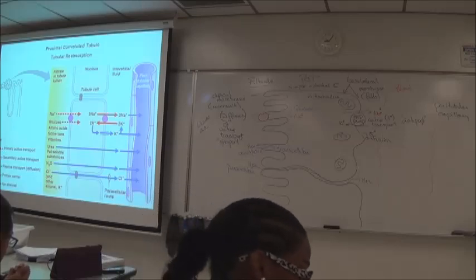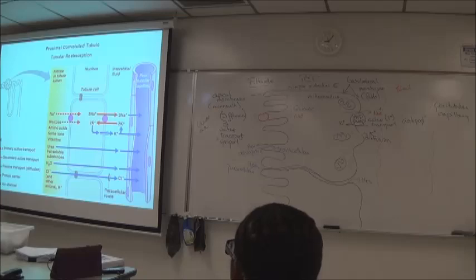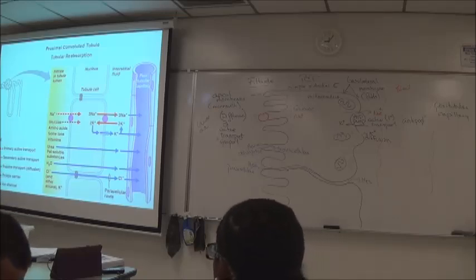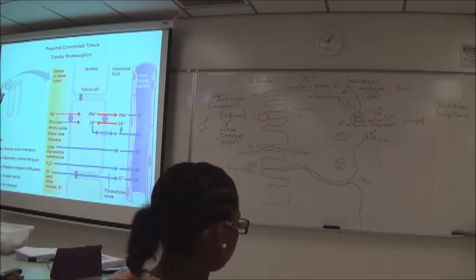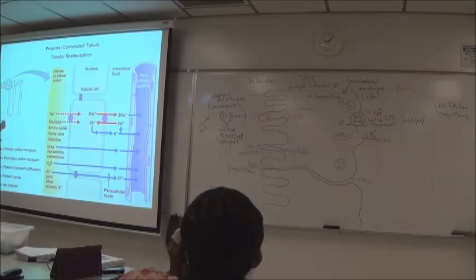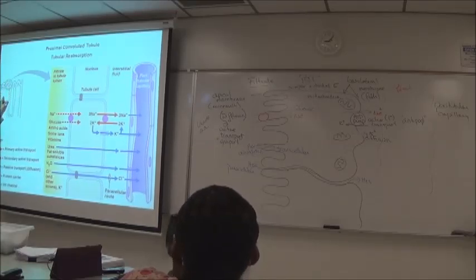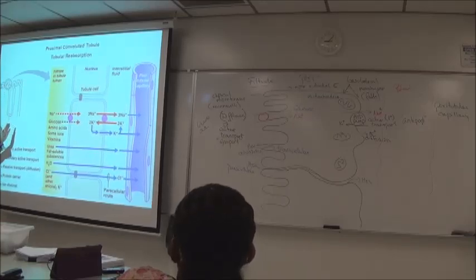We reabsorb it. But sometimes the body wants to get rid of more material. So on Friday, when we talk about acid-base balance, let's say the body has too many hydrogen ions, so it wants to secrete them. So hydrogen ions will be filtered into the proximal convoluted tubule. The peritubular capillaries will have fewer hydrogen ions than the afferent arteriole, but then they will secrete even more.